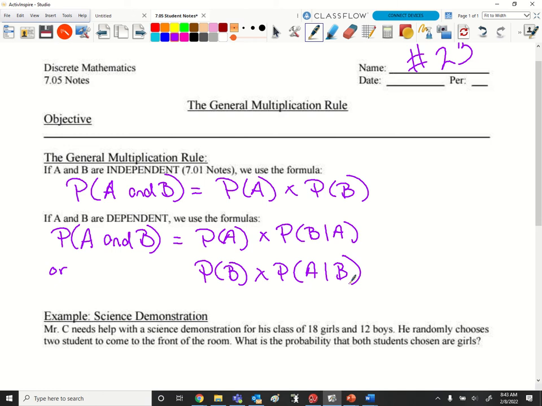Okay, those ones right there, if you remember, that's what we did on Thursday. That has to do with what we have remaining in that category.